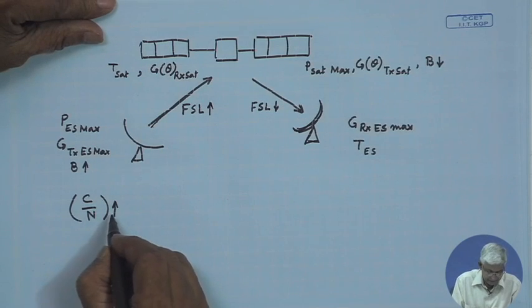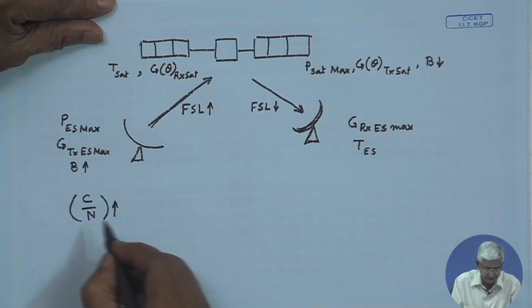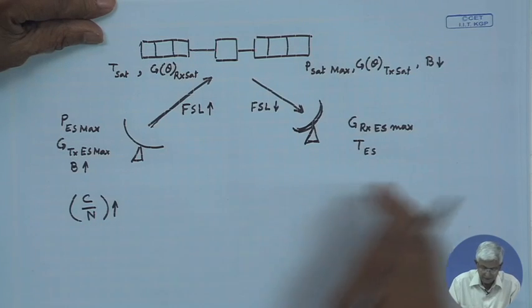So, you can call it C by N naught or C by N. If we get C by N, bandwidth has to be taken care of.